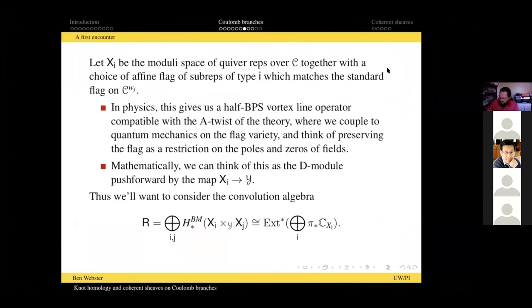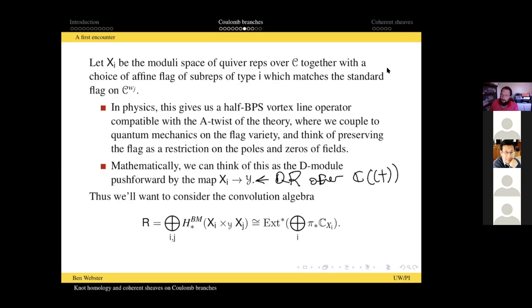And that gives me a D module on the space of, so there's a map, which is forget the flag and only remember the representation over the Laurent polynomials. That gives me a D module on the space of Laurent polynomial representations. This Y, remember this is quiver representations over the Laurent polynomials.